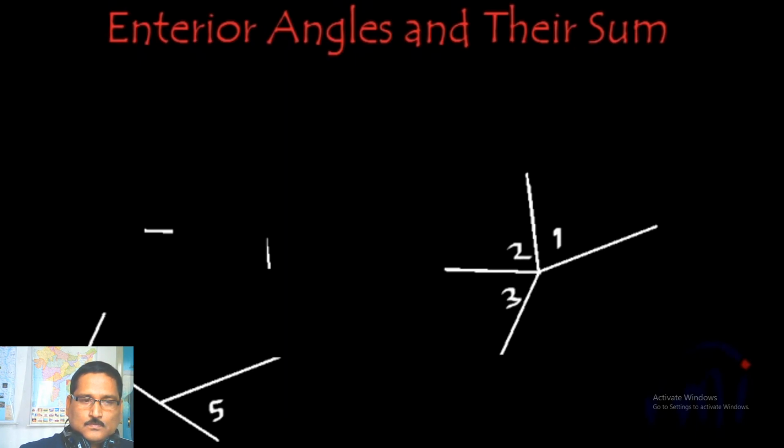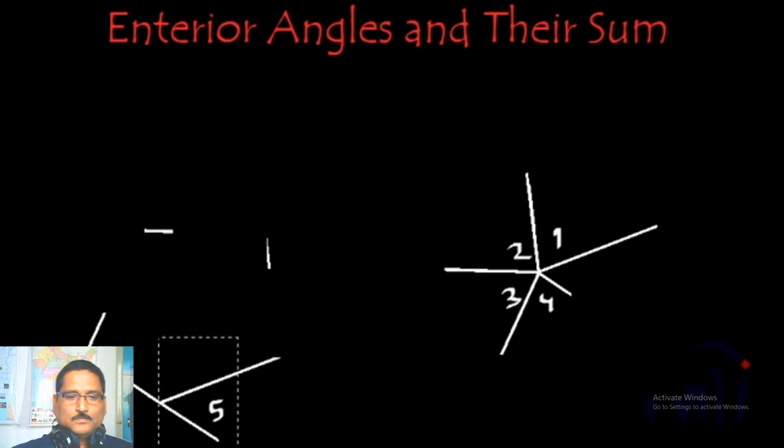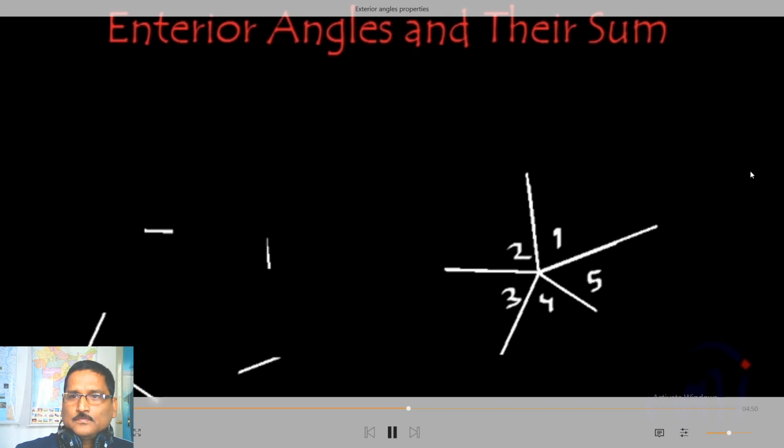Okay, so this is angle number 4, and again I assemble it at this point, and then I'll take angle number 5, and yes, together they are making a full circle, or an angle equal to 360 degrees. So this also proves that the sum of exterior angles of a polygon is equal to 360 degrees.